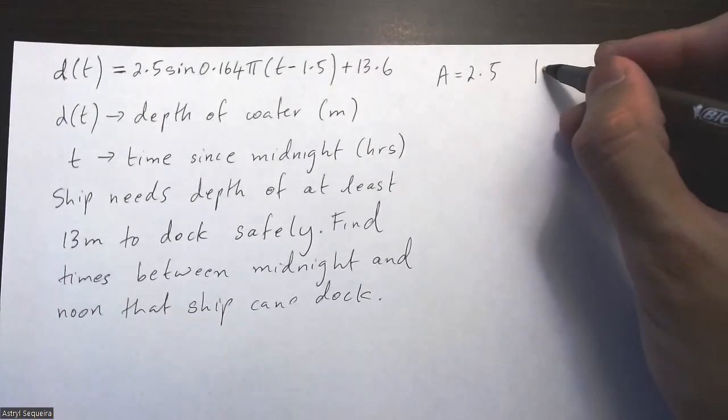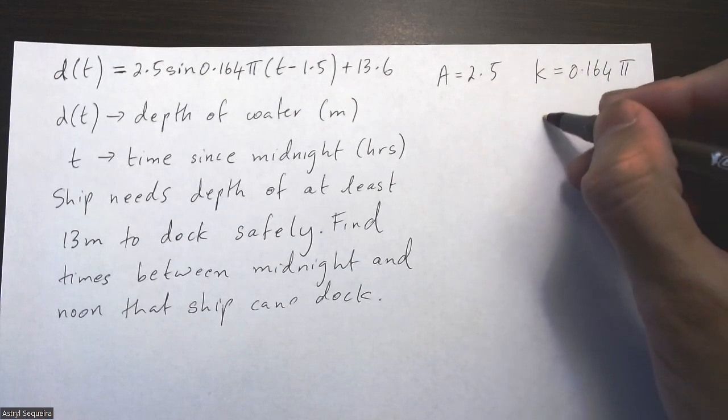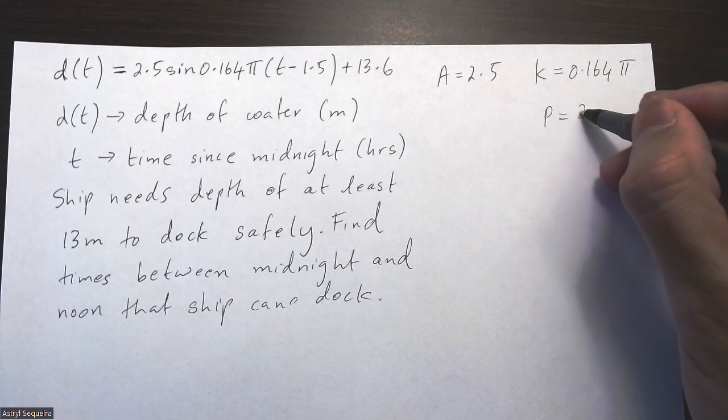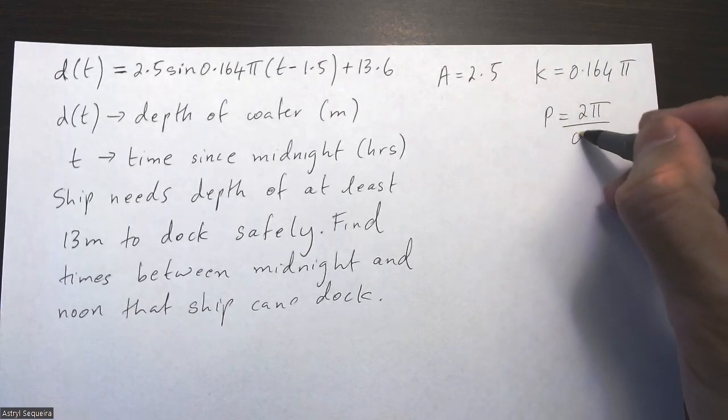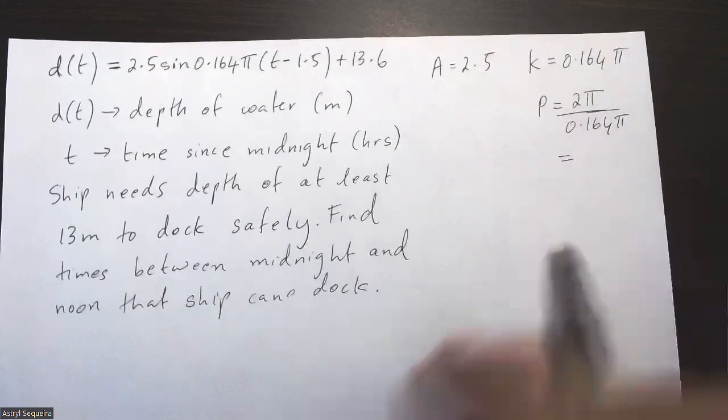The k value is 0.164 pi, which means that my period is 2 pi divided by 0.164 pi. And I'll do this in my calculator.